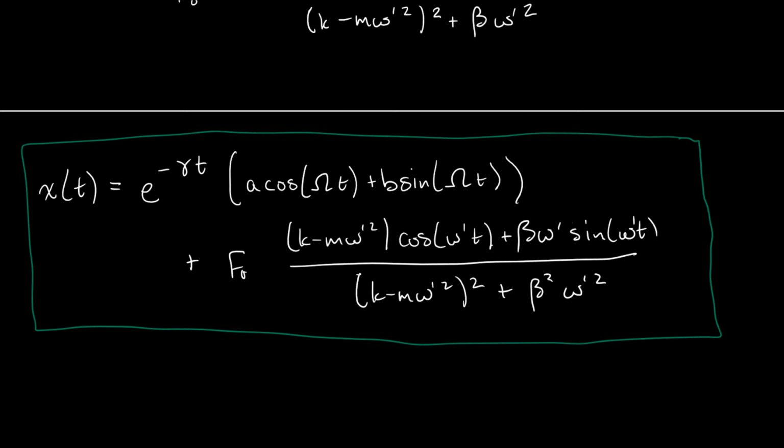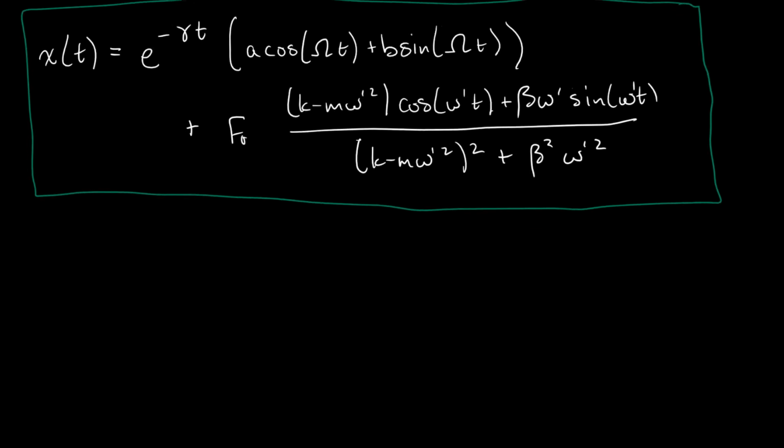And just to give you a visual of the complexity of all this, let's say that we get rid of the damping force. The damping force adds a whole layer of complication.